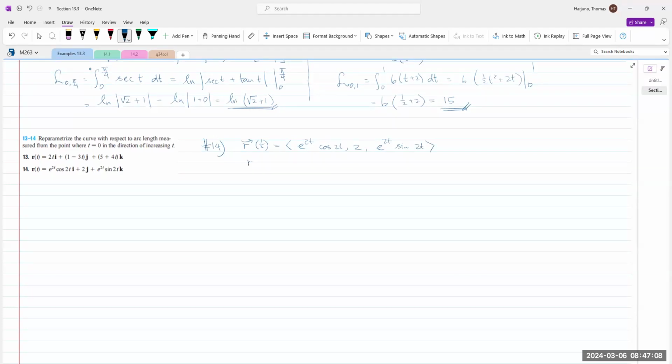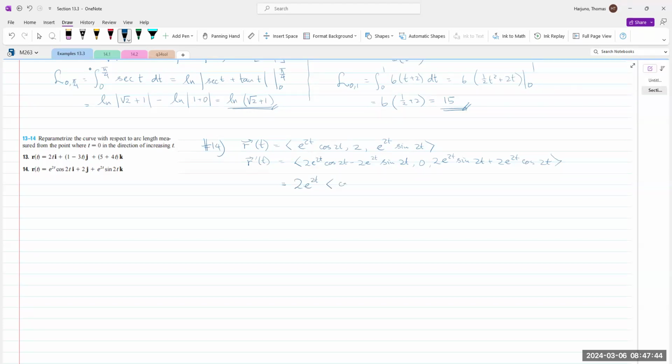So the r prime t will be 2e to the 2t cosine 2t minus 2e to the 2t sine 2t, comma 0, comma 2e to the 2t sine 2t plus 2e to the 2t cosine 2t, which I can factor 2e to the 2t out.